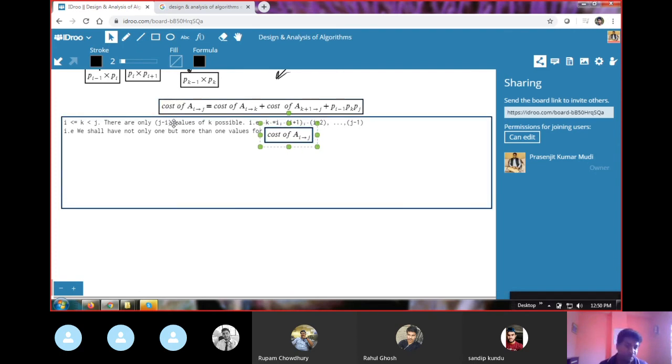J minus i number of values. And among these j minus i values, we have to select the minimum.